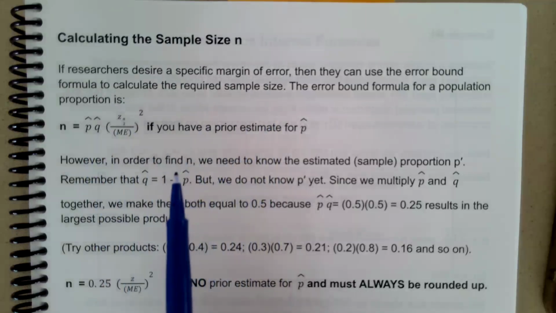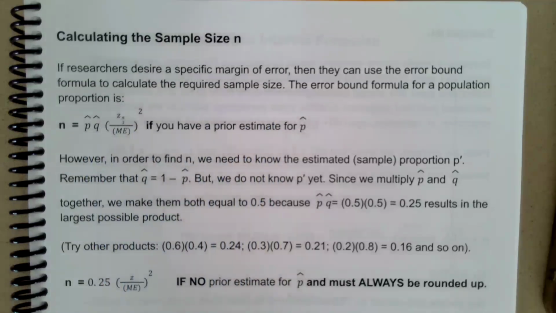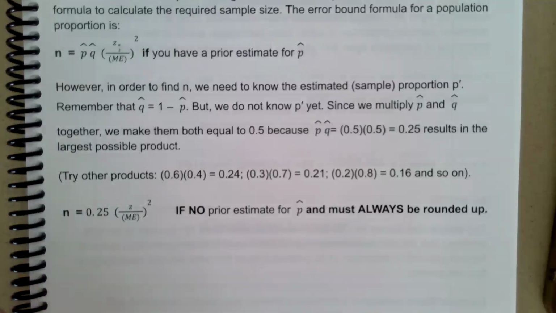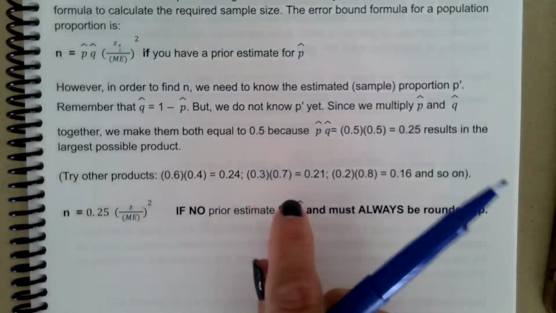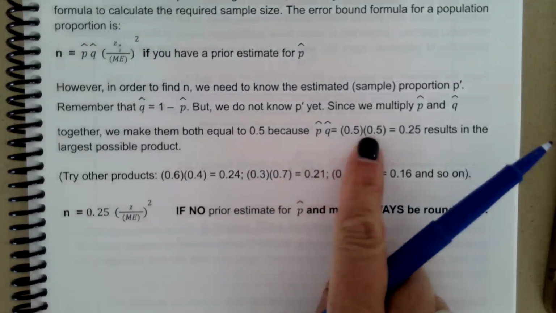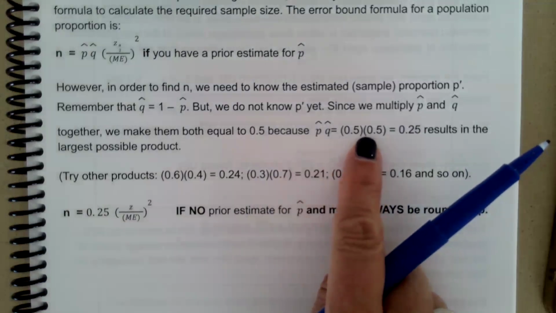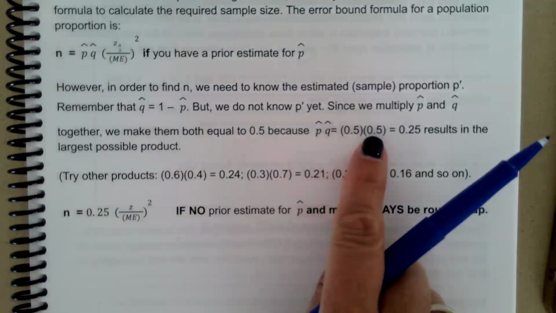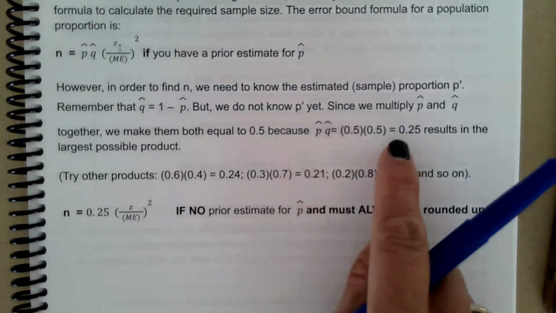But if this is a new sample that you're gathering data from and you've never asked this question before, then we are going to use just 0.5 times 0.5, because that is the largest it could ever be. Because if p hat was 0.6 and q hat was 0.4, it's going to be smaller. It would be 0.24.